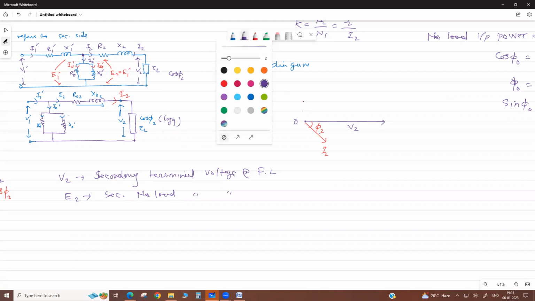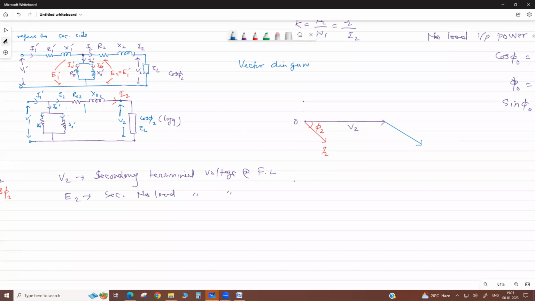So the voltage drop across this resistance is in phase with the current; please always draw this line parallel to the current.